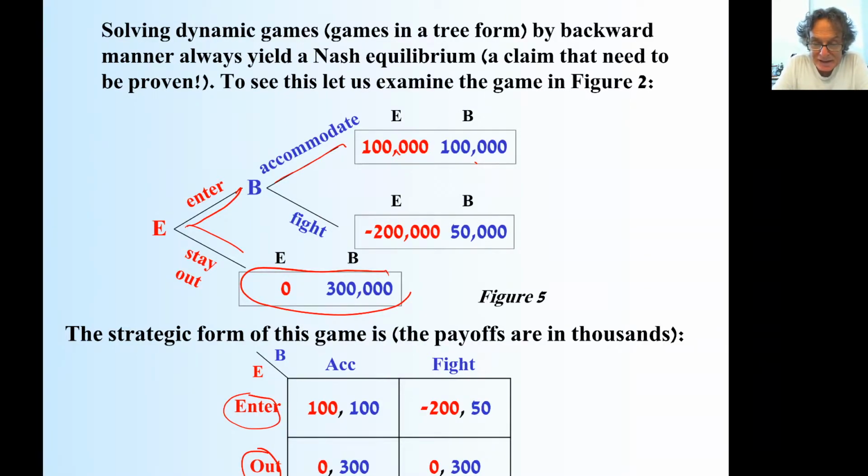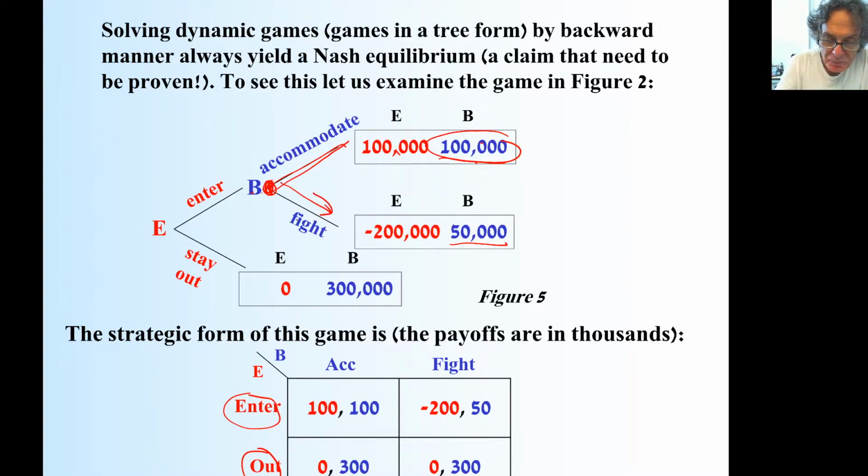Remember, in this case, let me remind you, backward induction here: I compare 100,000 to... who makes a decision here? B. What's the payoff of B? 100,000 and 50,000. If B accommodates, she gets 100,000. If B fights, she gets 50,000.